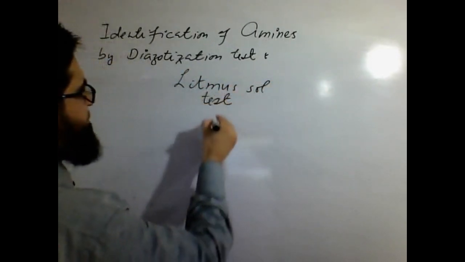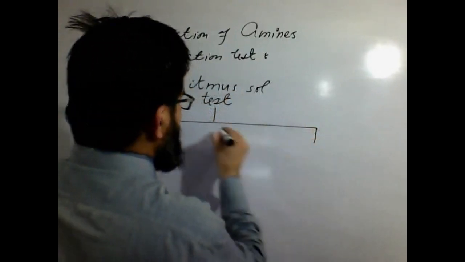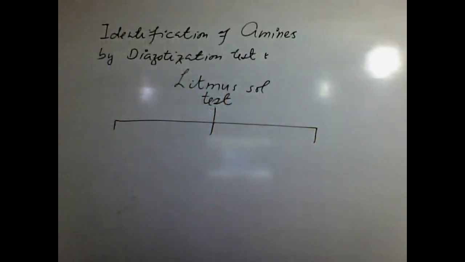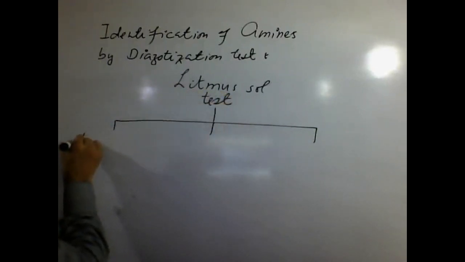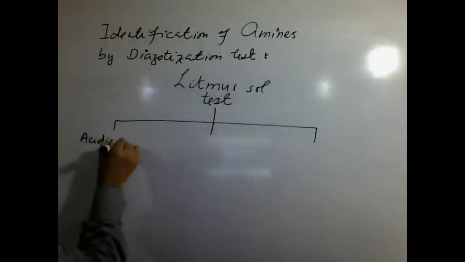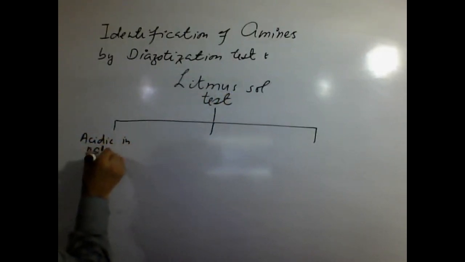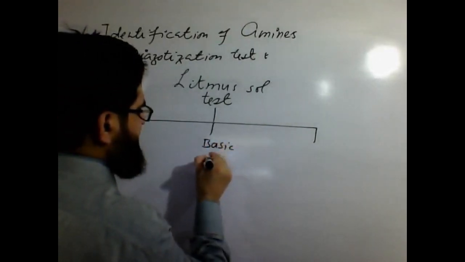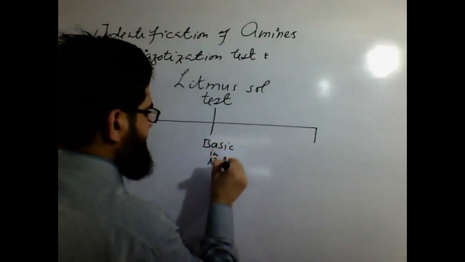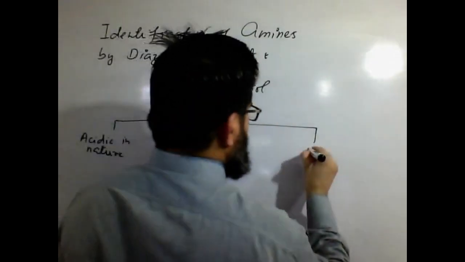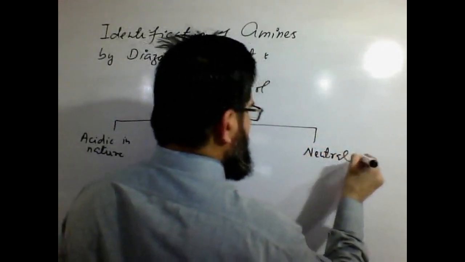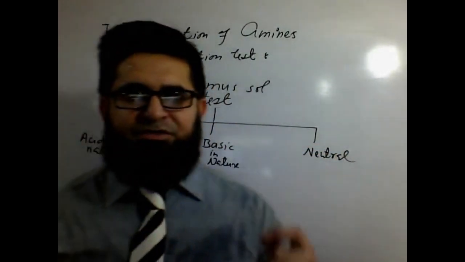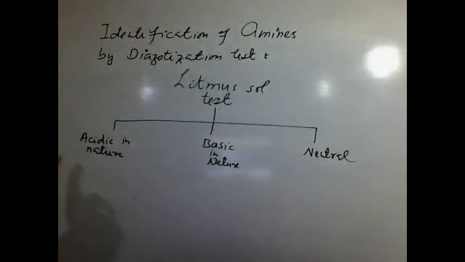There we came to know that the litmus solution test confirms whether the given unknown compound is acidic in nature, or basic in nature, or it could be neutral. The given unknown compound for the students could be acidic, basic, or neutral in nature.